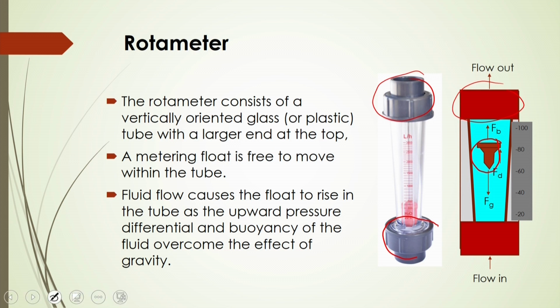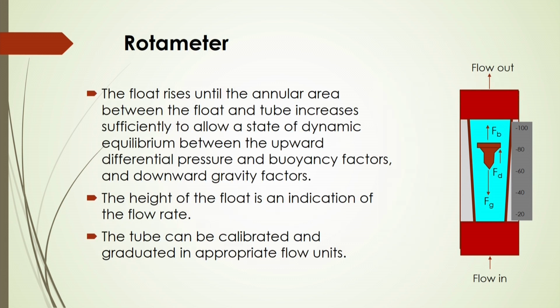These three forces act on the float: drag force, buoyancy force, and gravity force. The balance of these three forces gives the equilibrium position of the float, and from that position you can calculate the flow rate given by this rotameter.